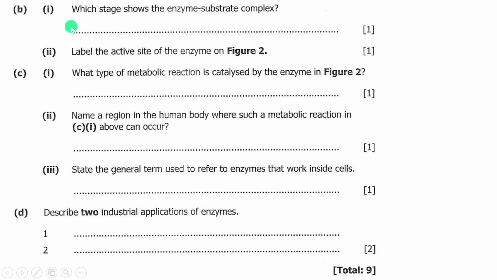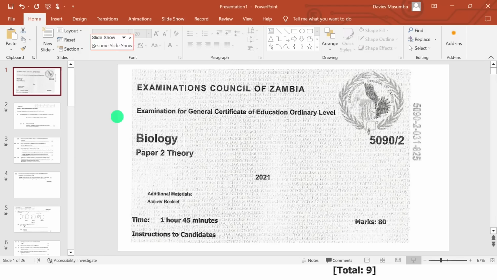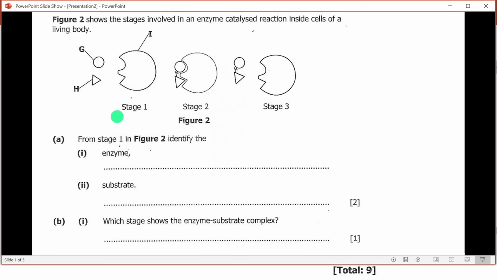B part 1 says which stage shows the enzyme substrate complex. So from stage 1, stage 2, and stage 3, we need to identify the stage which represents an enzyme substrate complex.